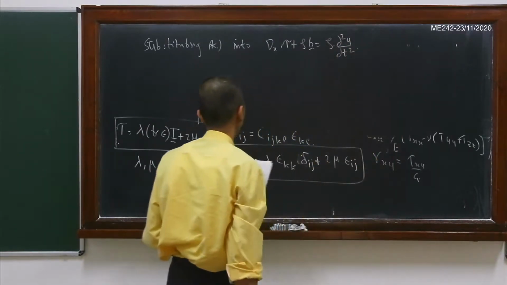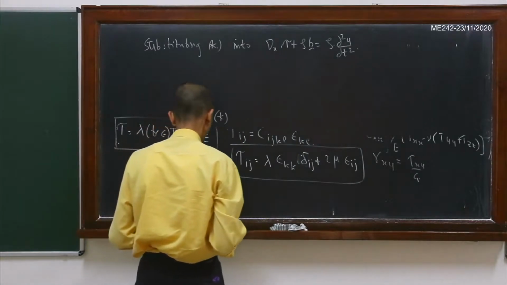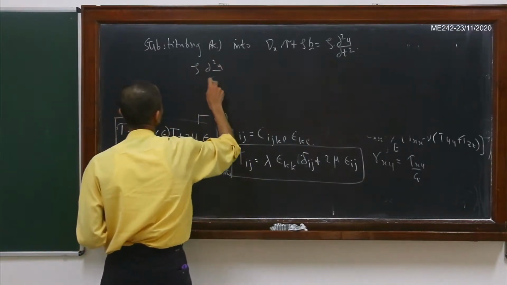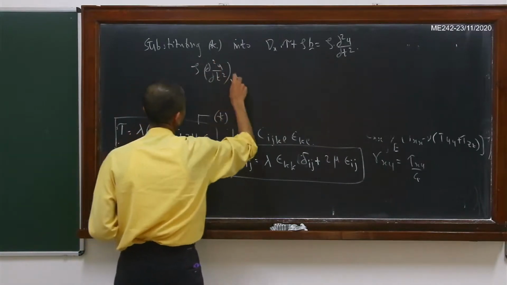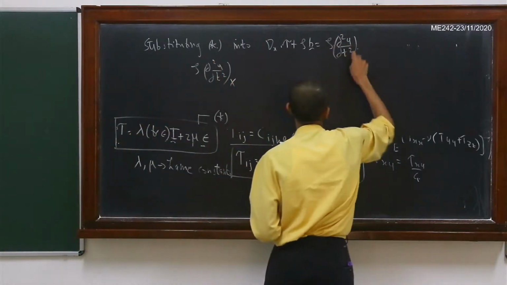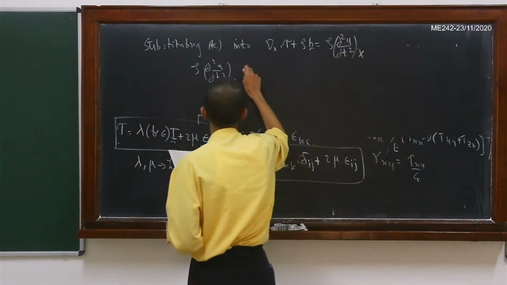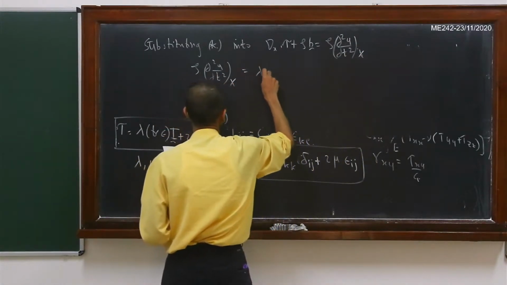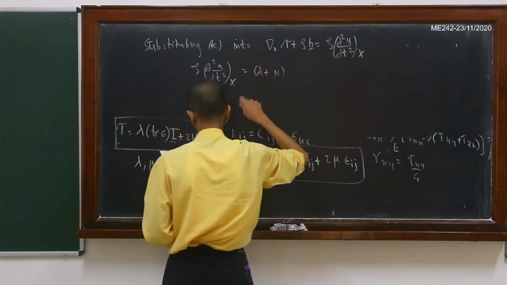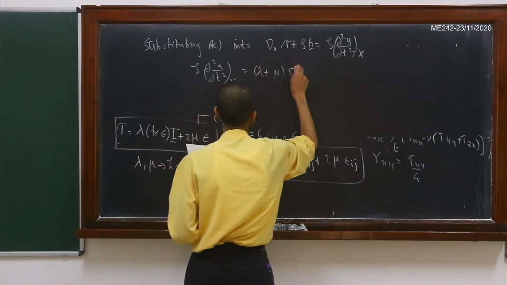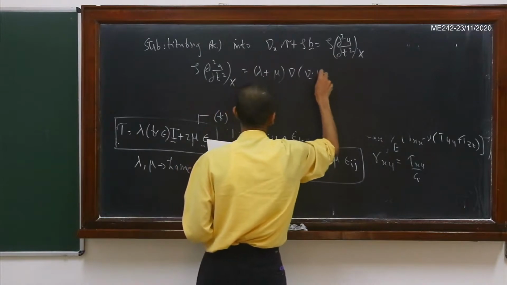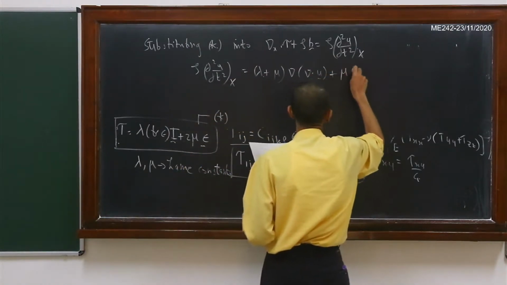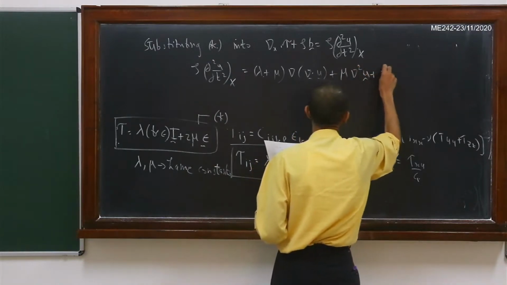Correct? So that if we substitute that, then you will get that rho times del square u by del t square. So this is keeping capital X fixed. So let me just note that this is capital X fixed. So this is equal to lambda plus mu times del of del dot u plus mu times del square u plus rho times b.